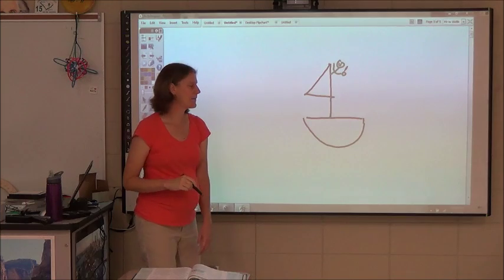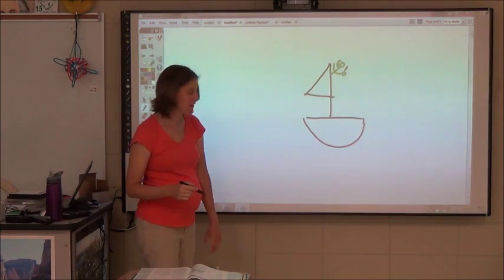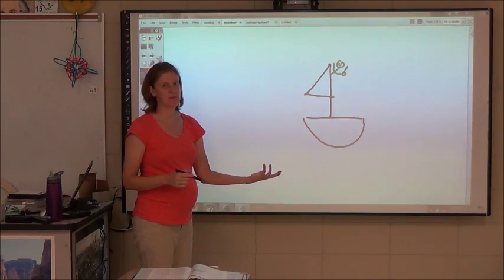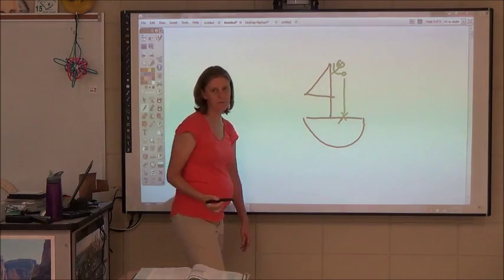Alright, so here's a little guy at the top of the mast. He's dropping, what is he dropping? A rock. If the boat is still, obviously, we're going to hit right there.